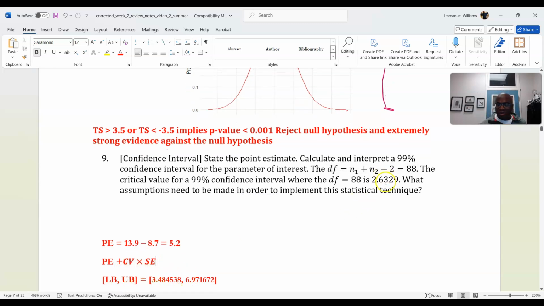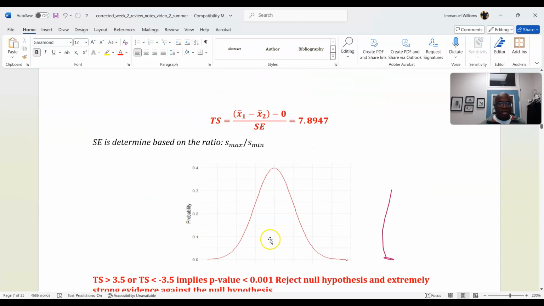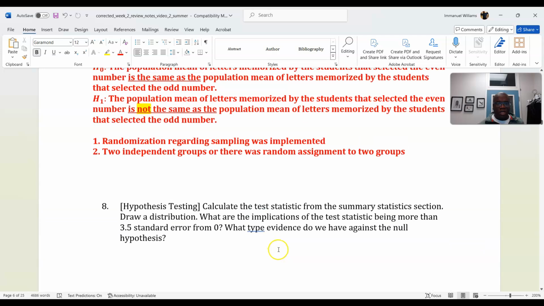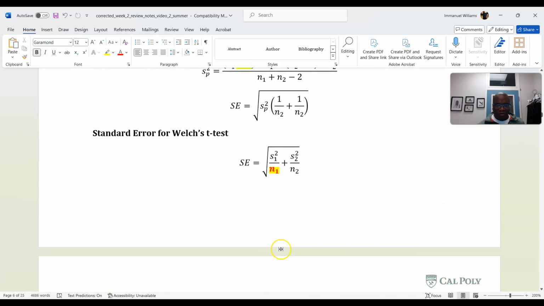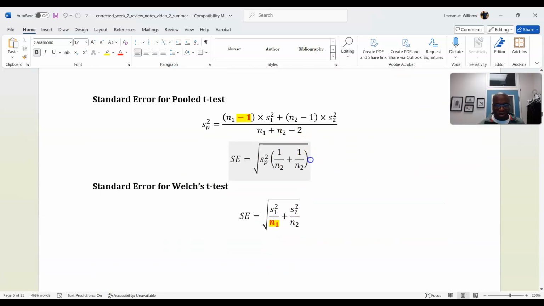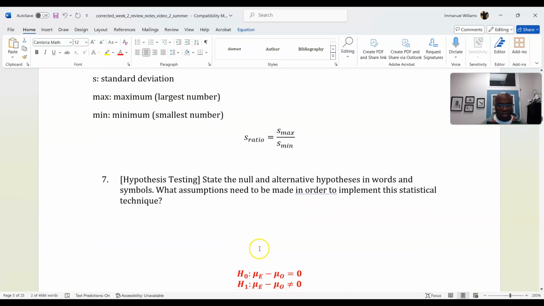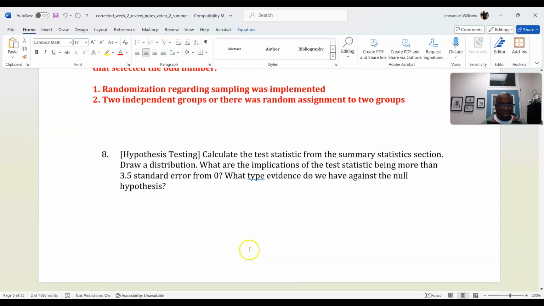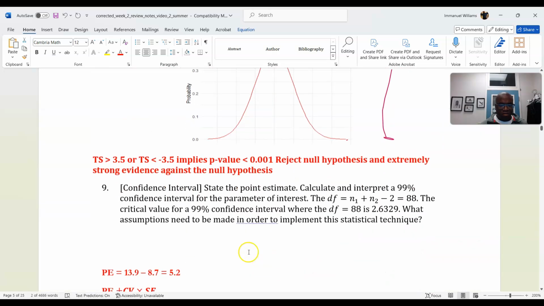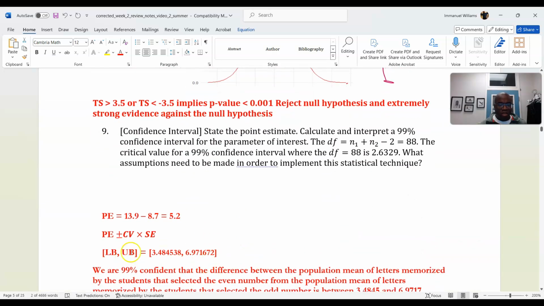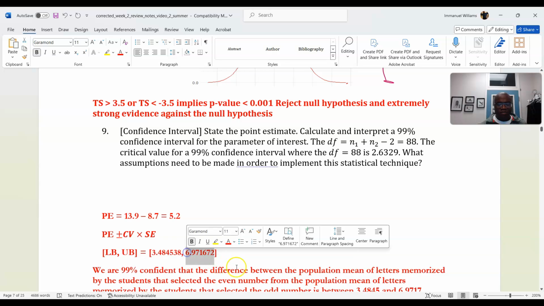So I'm going to take that 2.6329 and multiply by our standard error. I didn't show how to do that, but you should be using the pooled, which is a little bit of work. Use this equation, okay? And then from there, you would add and subtract that from 5.2. You get 3.48 and 6.97.